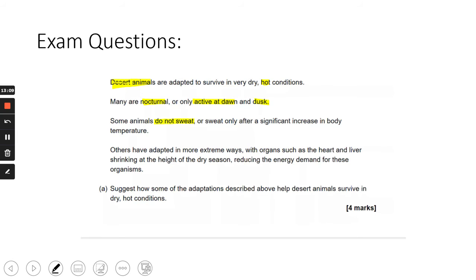They do not sweat or only sweat after a significant increase in body temperature. Others have adapted in more extreme ways, with organs such as the heart and liver shrinking at the height of the dry season, reducing the energy demand for these organisms. Suggest how some adaptations described above help the desert animals survive in these conditions.